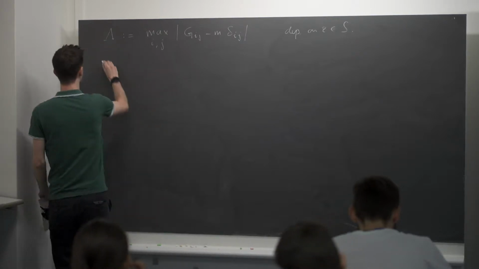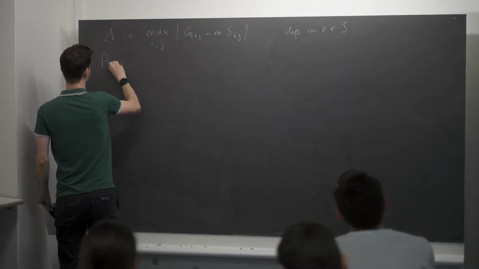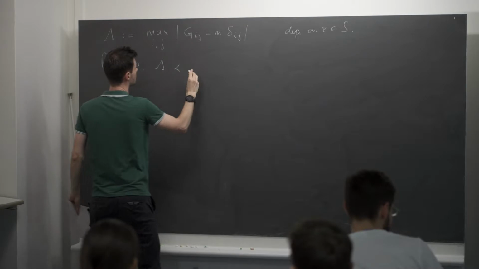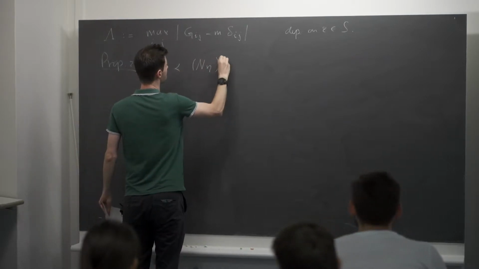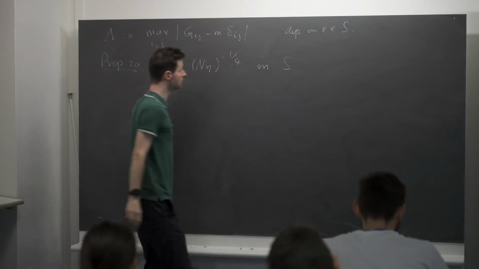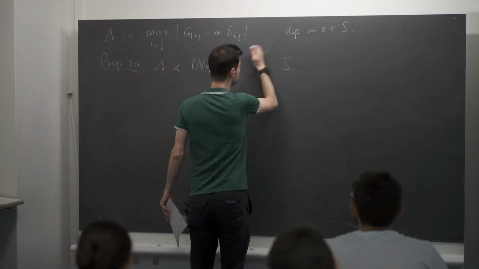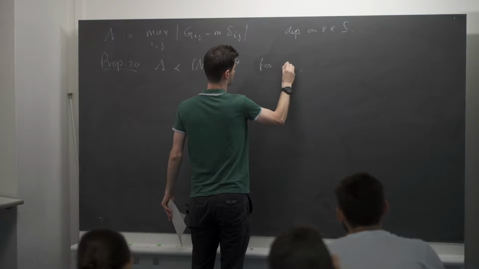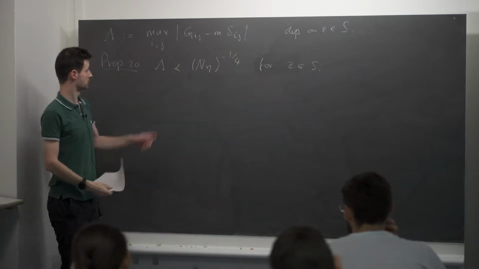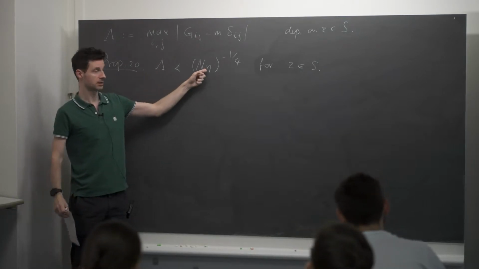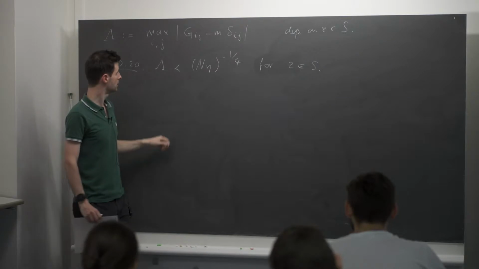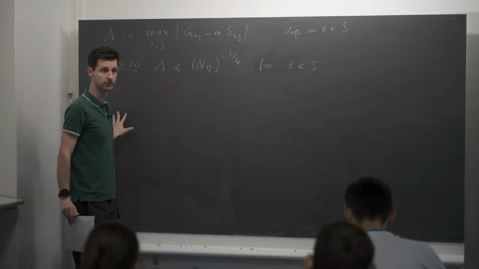And we are trying to prove proposition 20, which says that for z in S, this is a z-dependent function. This also depends on z. I recall eta is the imaginary part of z. This is our notation, so it's a function of z. And this was the stochastic domination. So we are trying to prove this.